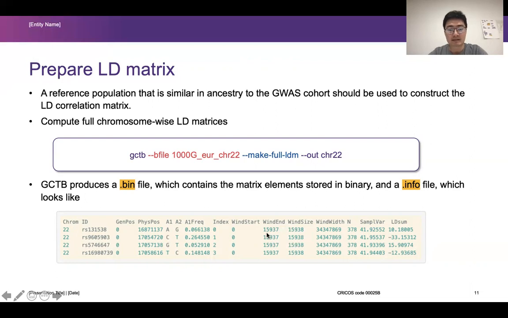And this shows the number of SNPs that are in LD with the SNP. Because we are computing the chromosome-wise full LD matrix, this window contains as many SNPs as on the chromosome. When we compute the sparse, shrunk or banded matrix, you may see a variability in the window size across SNPs.